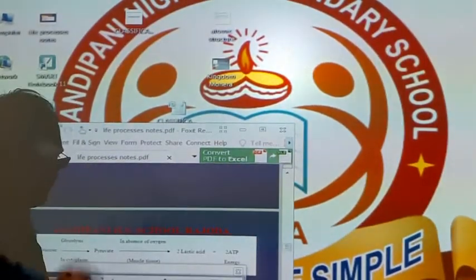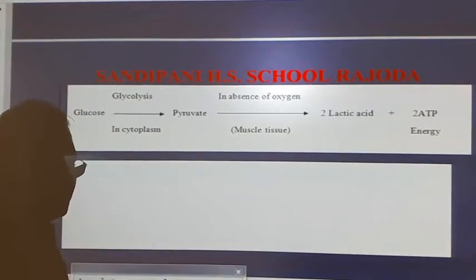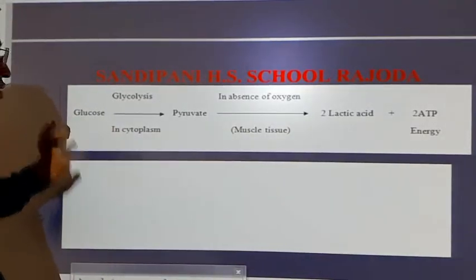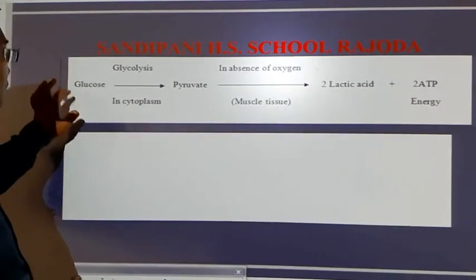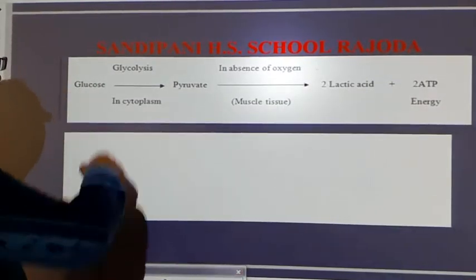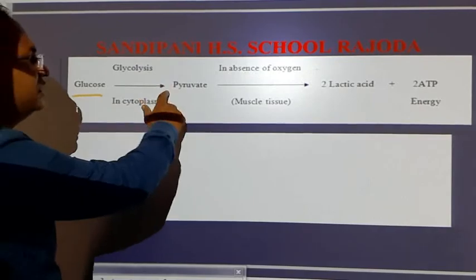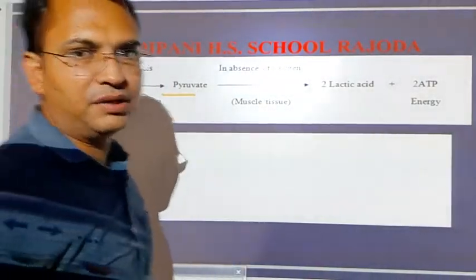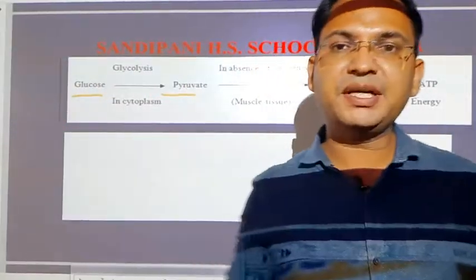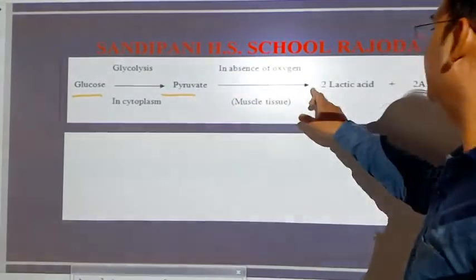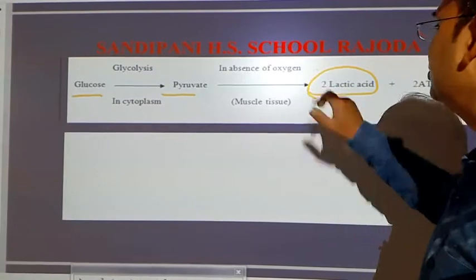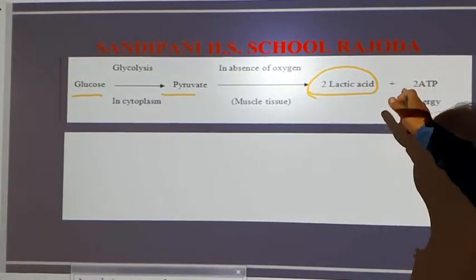See, the reaction representation for the production of lactic acid is: when glucose is converted into pyruvate, then pyruvate, instead of getting converted into ethanol, gets converted into 2 molecules of lactic acid and 2 ATP energy.